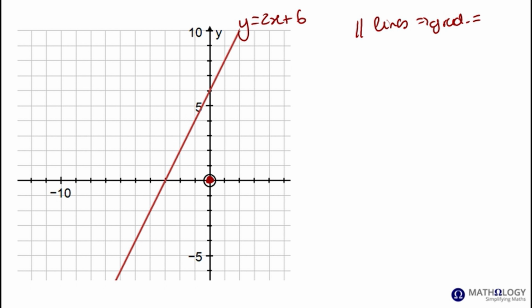So the line that we're looking for, if you just call this line 1, then line 2 will be y equals mx plus c, the general equation of a straight line. The gradient of line 2 must be the same as the gradient of line 1. That's the definition of parallel lines, that their gradients are equal. So y equals 2x plus c.